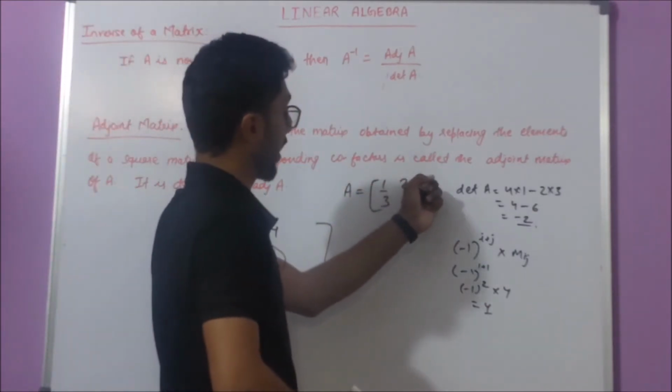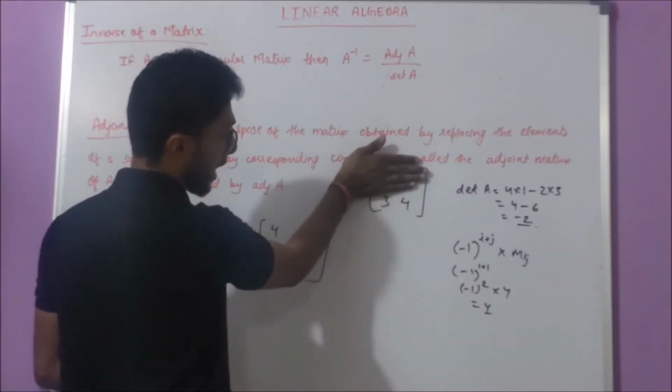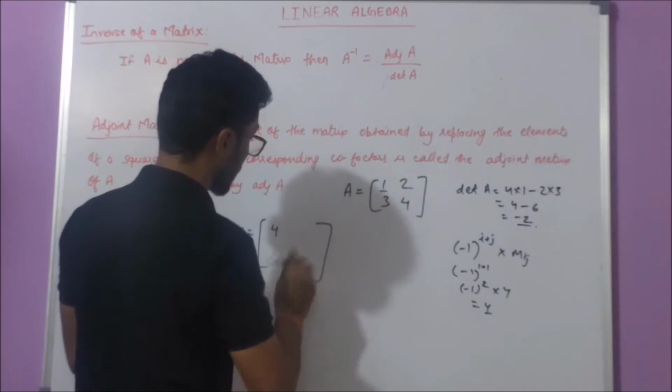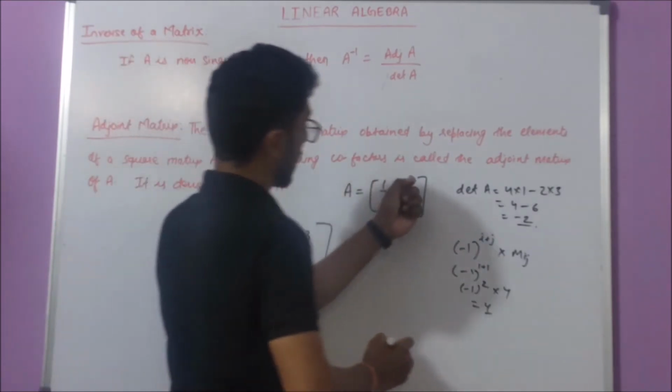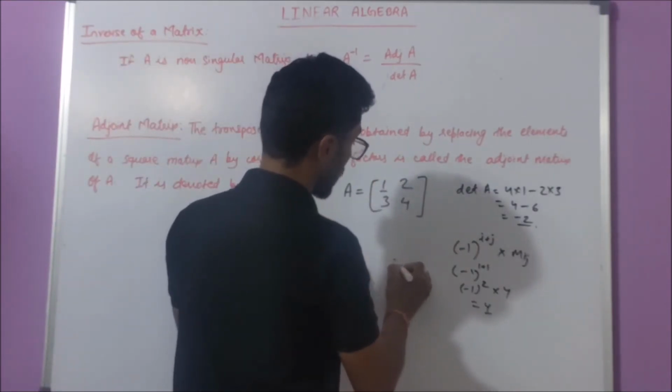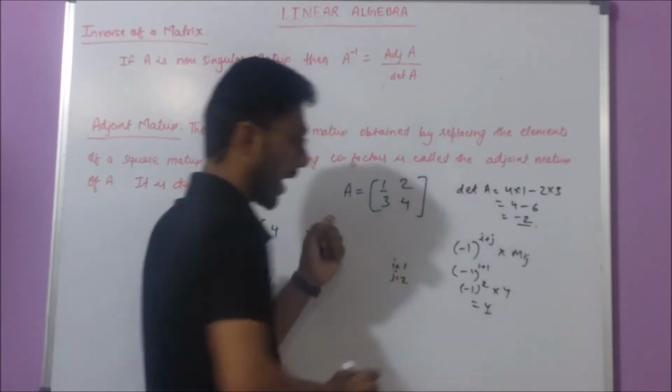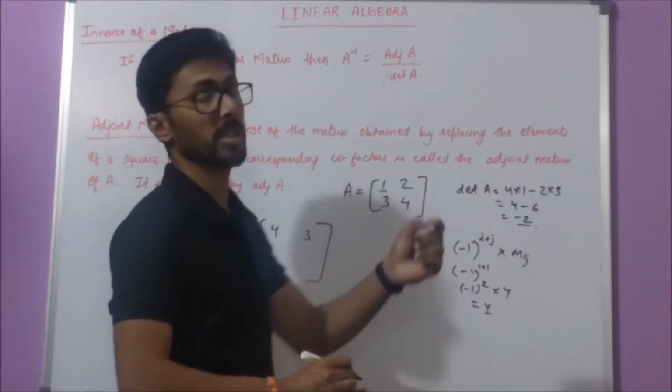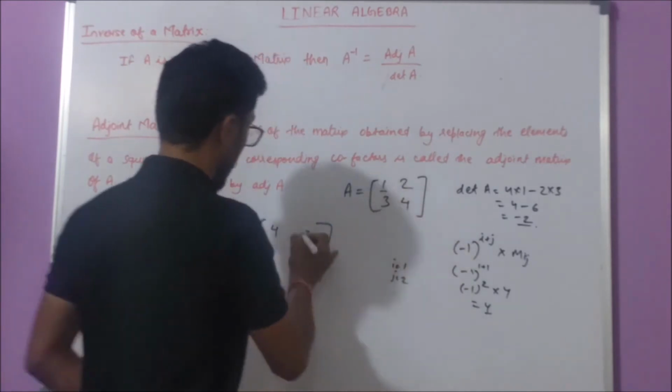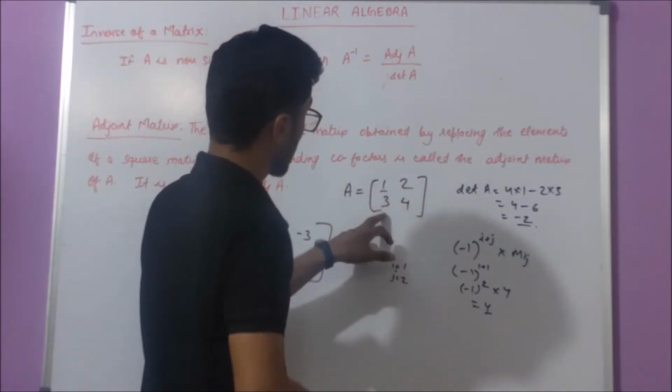Now the cofactor of 2. Deleting its row and column we get 3. Now i is 1 and j is 2. So i plus j is 1 plus 2, 3, -1 to the power 3 is -1. So it will be -3. Now the next is this element.